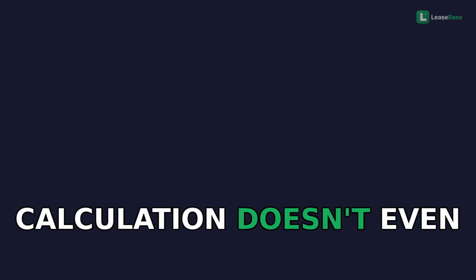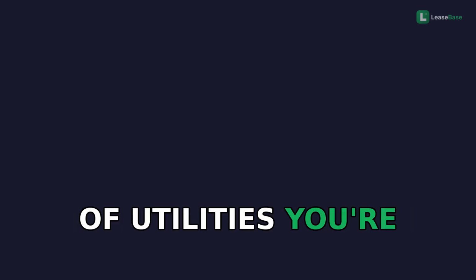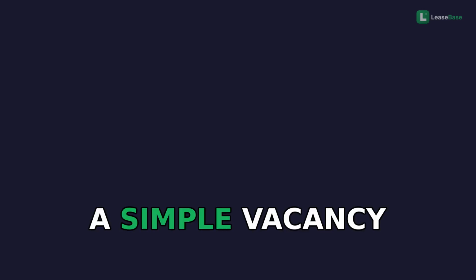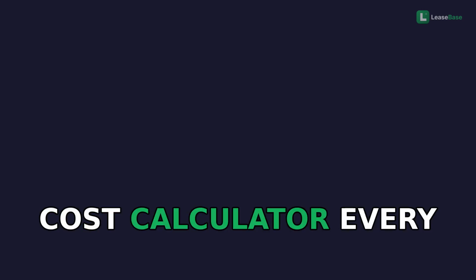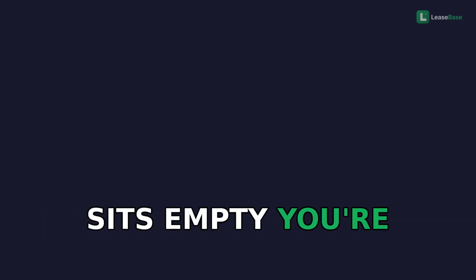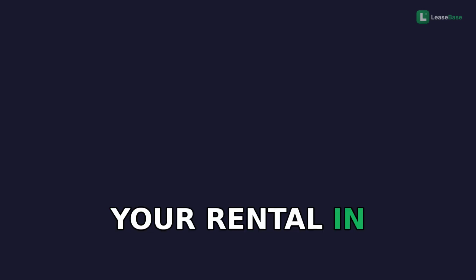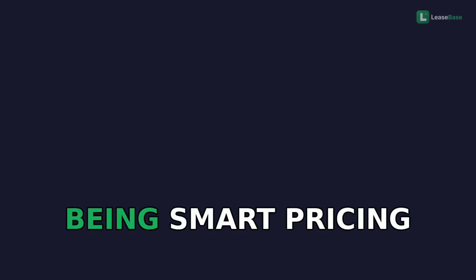This calculation doesn't even include the cost of utilities you're paying, potential property taxes, insurance, or the opportunity cost of not having a tenant. Use a simple vacancy cost calculator. Every day your unit sits empty, you're losing money, not saving it. This is why accurately pricing your rental in California is paramount. This isn't about being cheap, it's about being smart.